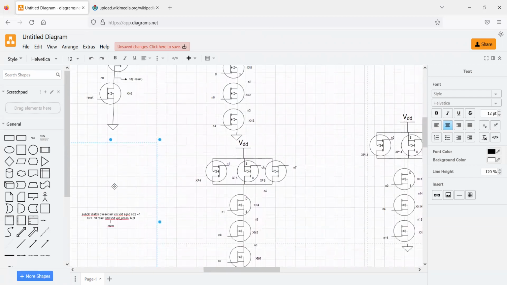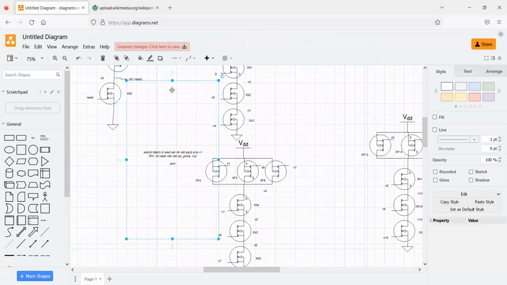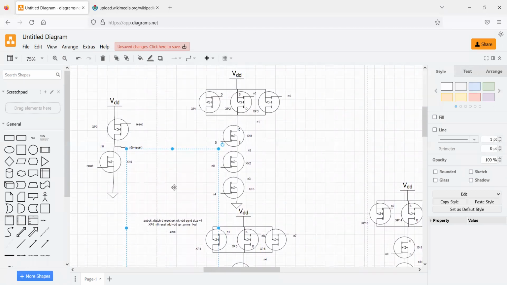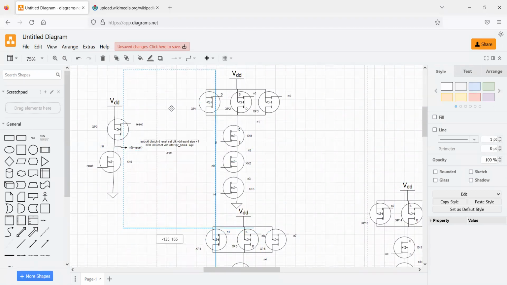So let's start. In order to write this, I'll start with the PMOS and then go to the NMOS. In order to write a netlist, you have to go from drain, gate, source. So here for the PMOS, we have the drain, gate, and then source.